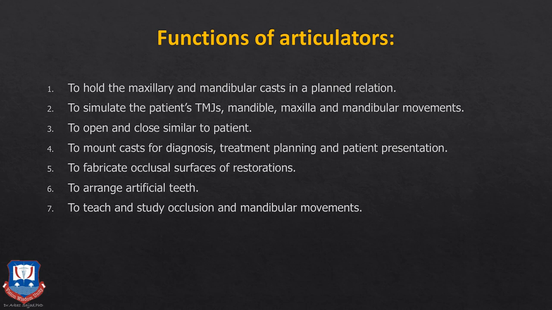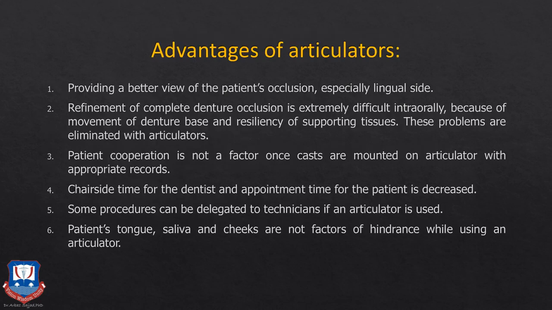You should be able to mount the casts for diagnosis, treatment planning, and patient representation. You should be able to fabricate occlusal surfaces of restorations, and finally, arrange artificial teeth on the articulator. We should also be able to teach and study occlusion and mandibular movements. So these are all the functions or the purposes of the articulator.